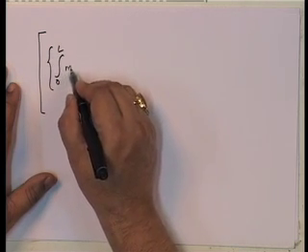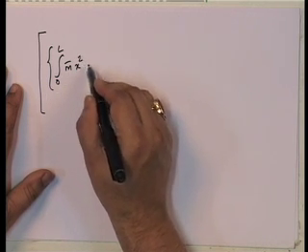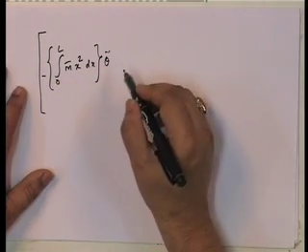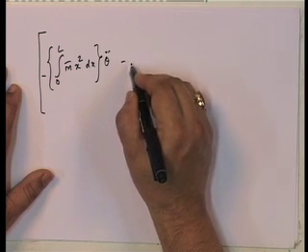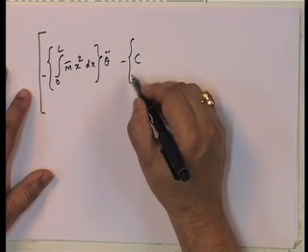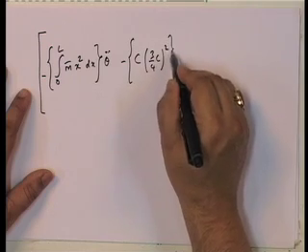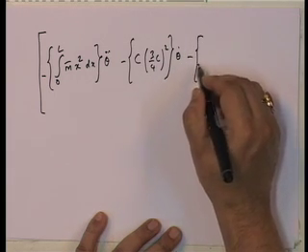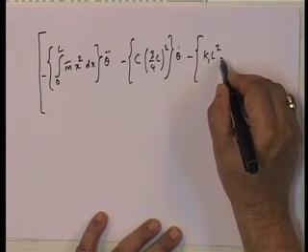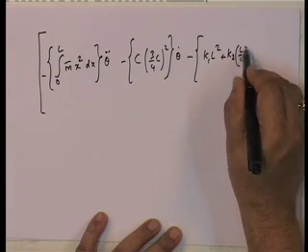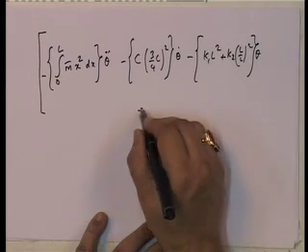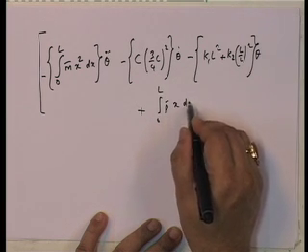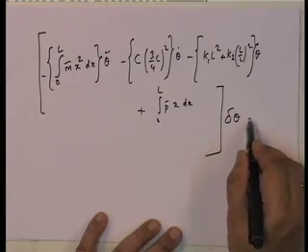Integral 0 to L m bar x squared dx theta double dot, this is minus, then I have minus c into (3 by 4 L) squared into theta dot, minus, and I am going to put inside this (k 1 L squared plus k 2 (L by 2) squared) theta, plus integral 0 to L P bar into x dx, and the entire thing into del theta is equal to 0.